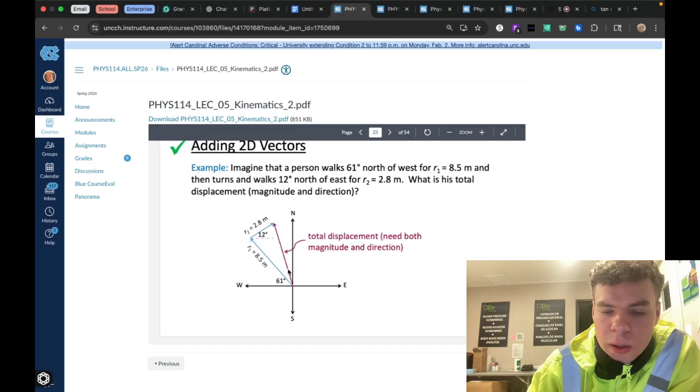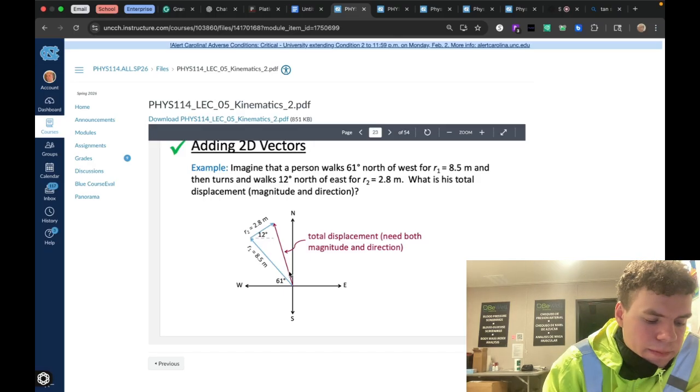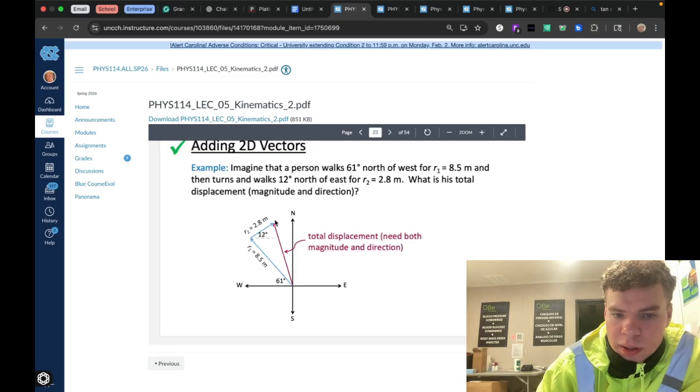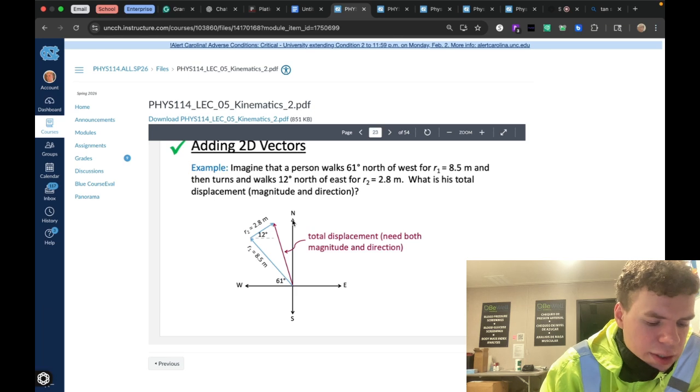we want to find this angle right here. We would do tangent of opposite, which in this case is this, which we know is 1.38, divided by adjacent, which would be 8.01. Is it tangent or inverse tangent?